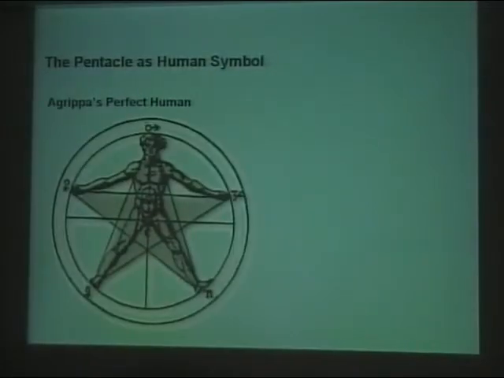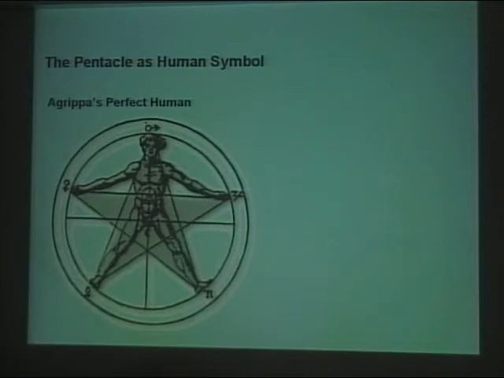The pentagon, the pentacle, is very important as a symbol of humanity. The five-pointed star is a symbol of you and me. And that was recognized quite early by a fellow named Agrippa, who was a very early Renaissance philosopher.